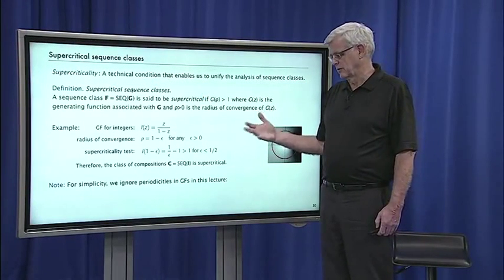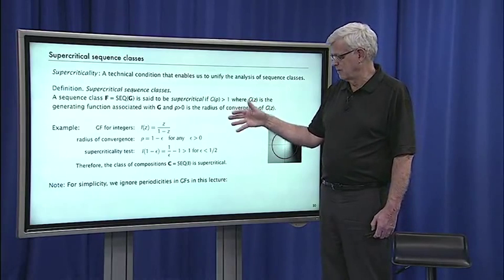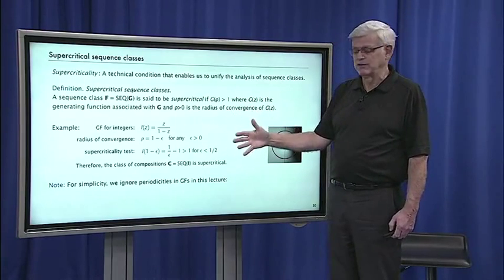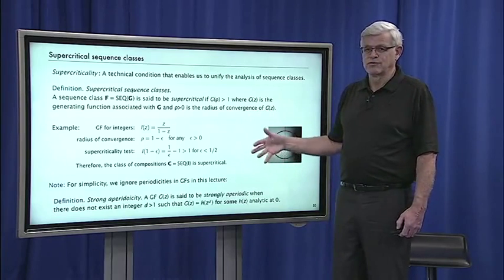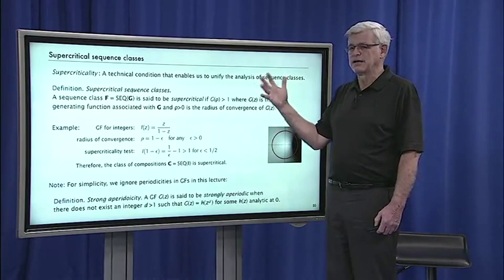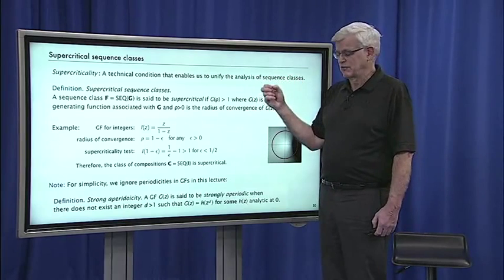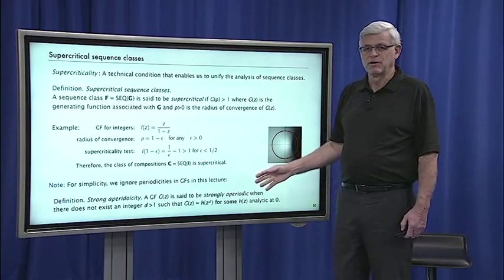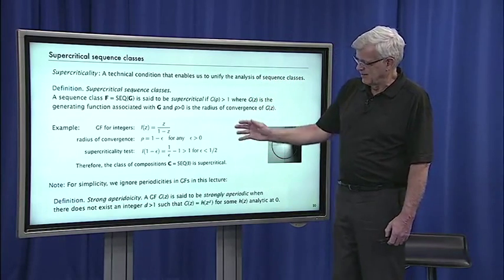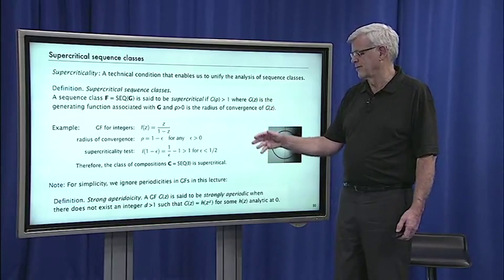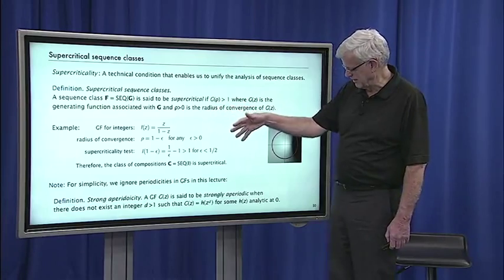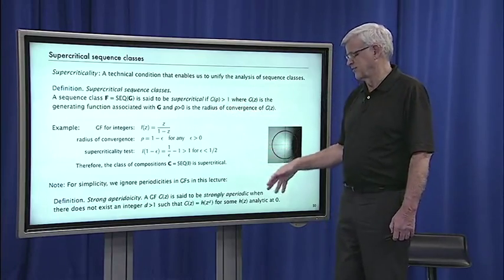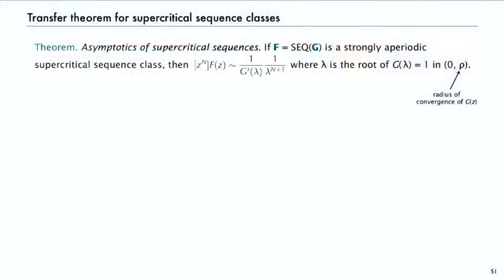Now, in the book, there's a full treatment of what happens when there's periodicities in the generating functions. And just for simplicity, because really I just want to get across the idea of what a schema is, we're going to ignore periodicities in this lecture. And so we have another technical definition called strong aperiodicity that says that there's not going to be periodicities in there.